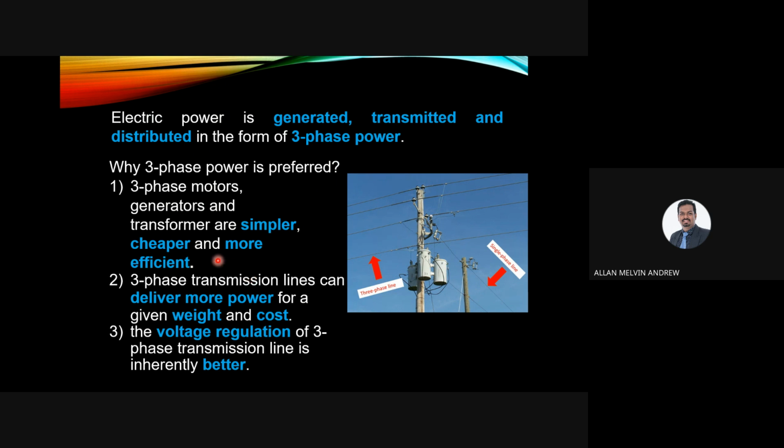A three-phase transmission line can deliver more power because it has more capacity, and considering the weight and also the cost, this will be much better. The voltage regulation of a three-phase transmission line is also inherently better compared to single and double phase.